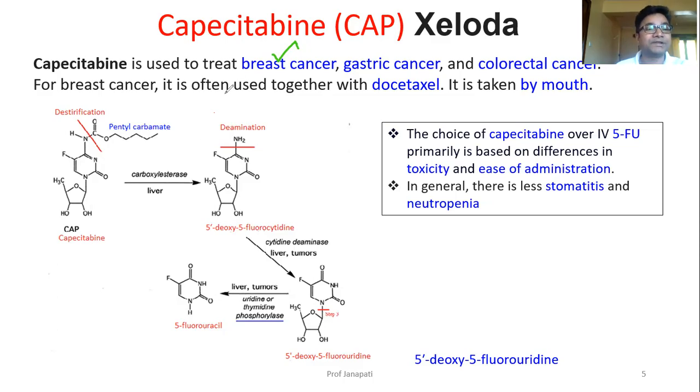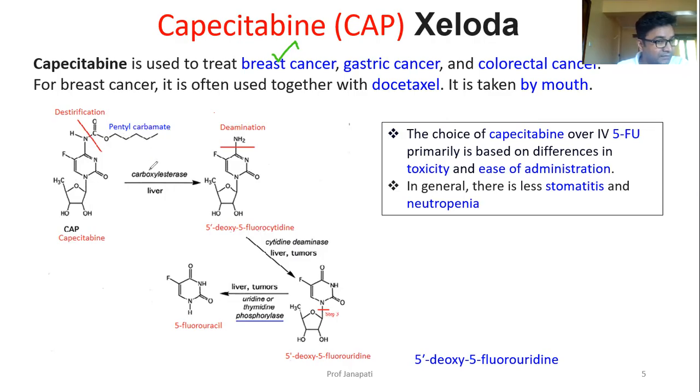Now, in the body, what happens? You see, there is this carbamate group present. This is a uracil derivative, our pyrimidine derivative. Let me say pyrimidine nucleus. It has an extra pentyl carbamate, or pentyl urethane, group attached.